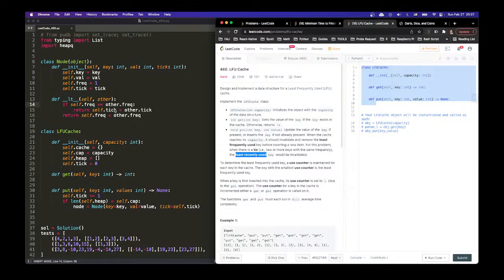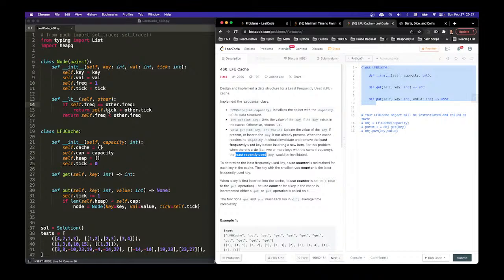The tick with the smaller value will go higher. Yes, the smaller tick goes to the front of the queue, because a smaller tick means the last time it was used is in the past. The larger the tick, the more recent it is. The smaller the tick, the least recent it is. So if I have the same frequency, then the least recently used will pop to the front of the queue.